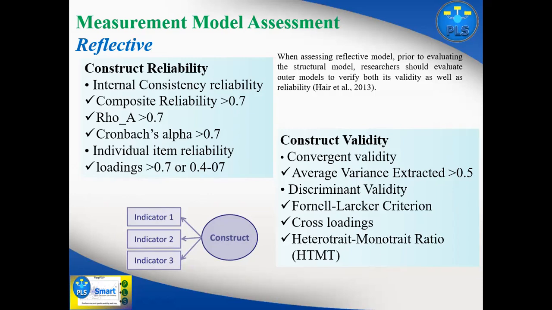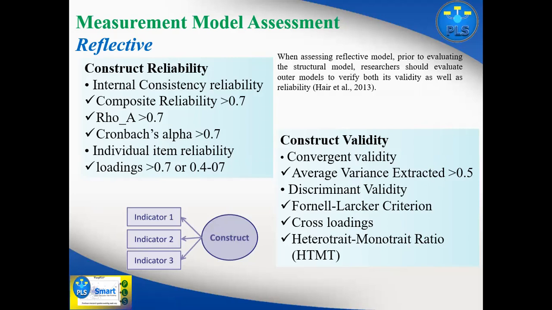Then next we go to discriminant validity. What I mean by discriminant validity is that you have two constructs in your model. You have satisfaction, one construct, and another construct called resilience, something like that.